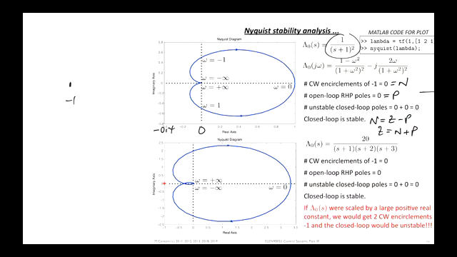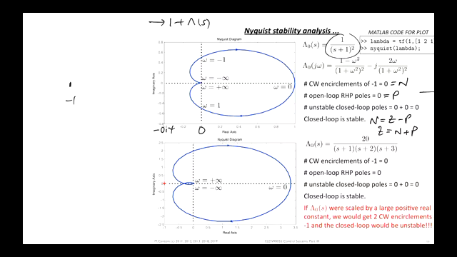Z is the number of zeros of the function 1 plus L(s), right, in the right half plane. The zeros of this are the closed loop poles. So Z is the number of closed loop poles in the right half plane.